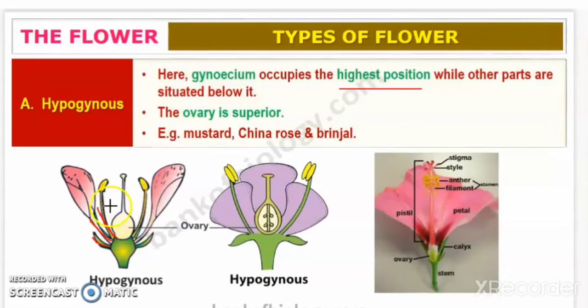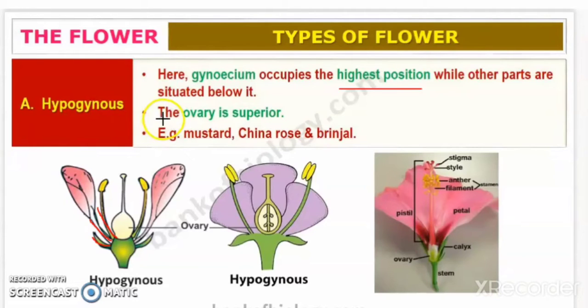The gynecium will be kept in the highest position, and the other parts arise below the ovary or the gynecium. Such an arrangement of floral appendages depending upon the position of gynecium is called hypogynous.